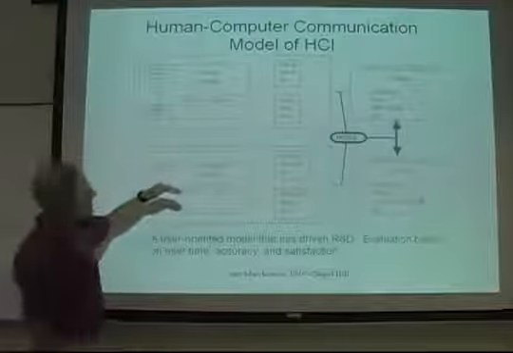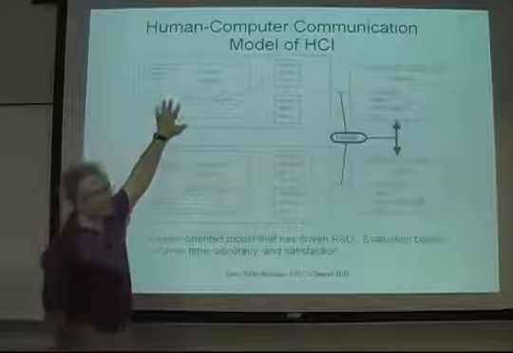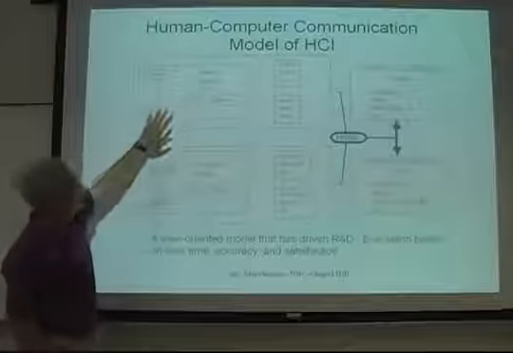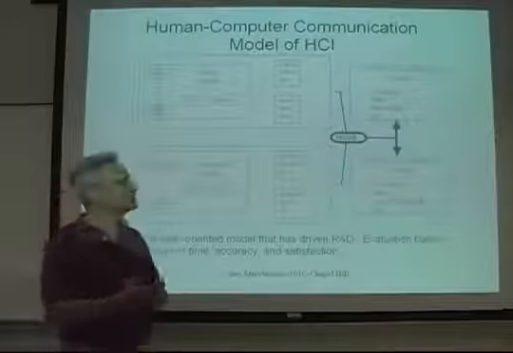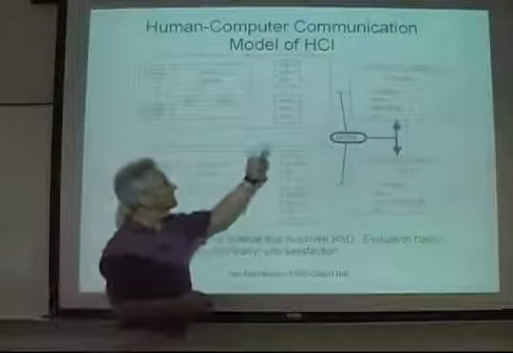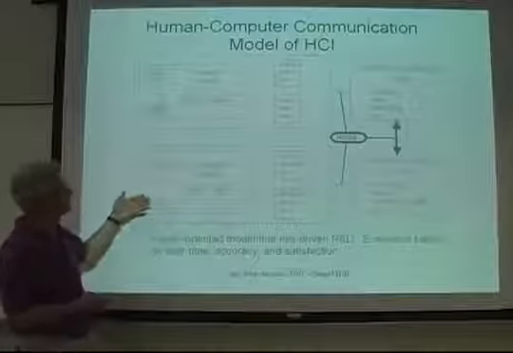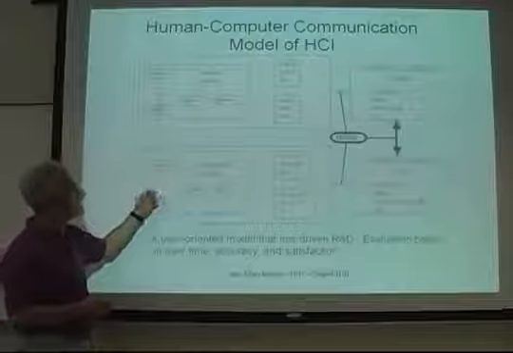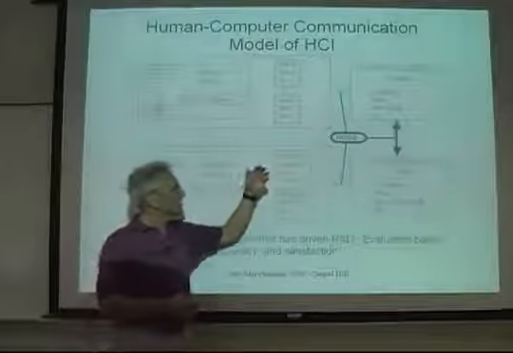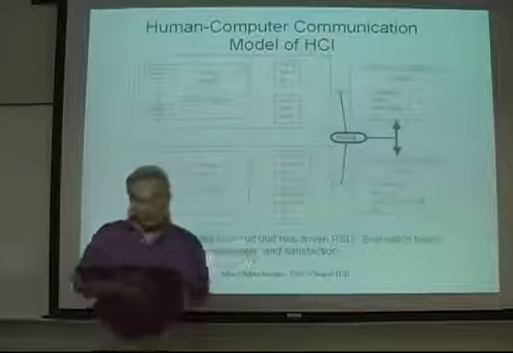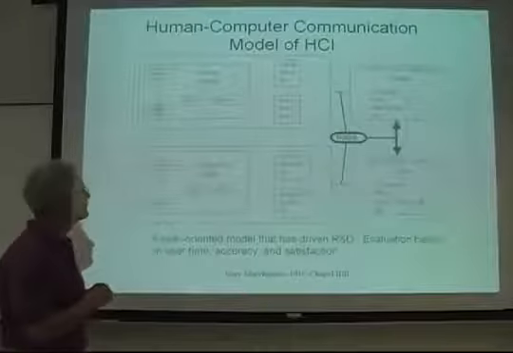And there's interaction back and forth. So in terms of the human, there's internal processes, and there's sensors, and there's effectors, and likewise in the system, there's internal processes, and there's effectors, and input and output devices is what we would call them.